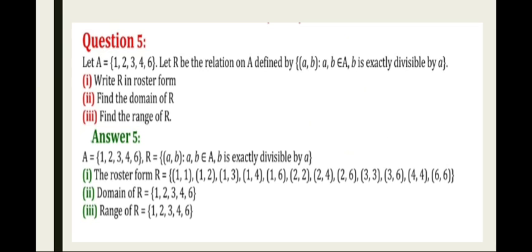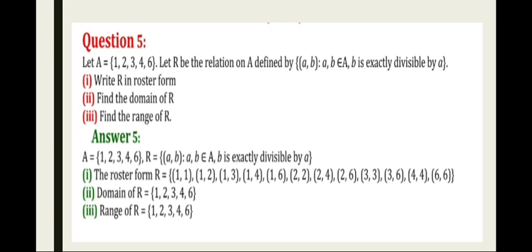Question number 5. Let A be the set collection of 1, 2, 3, 4, 6. Let R be the relation on A defined by the collection of ordered pairs (a, b), where b is divisible by a. So again you have to write it in roster form, and write the domain and range.